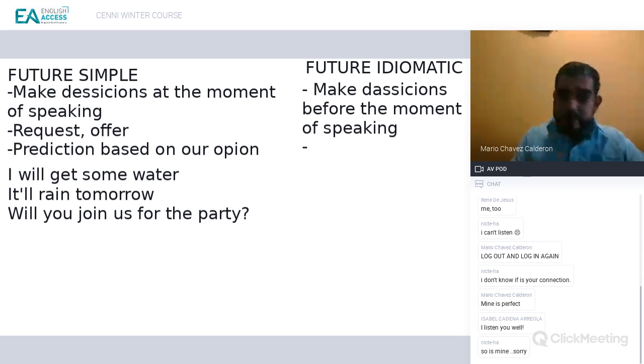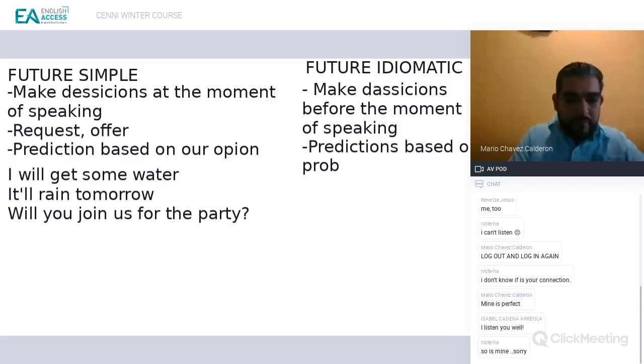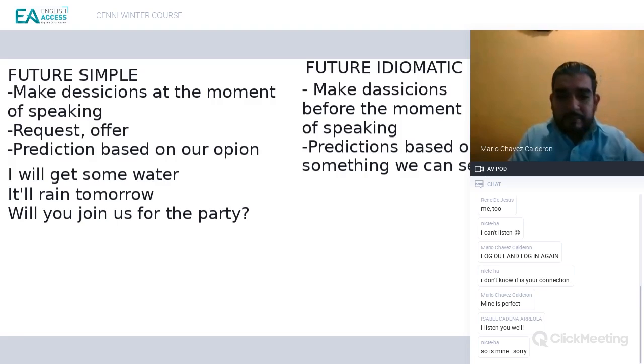It's also used when we make predictions based on proof, well, based on something we can see, and also for our intentions for the future.